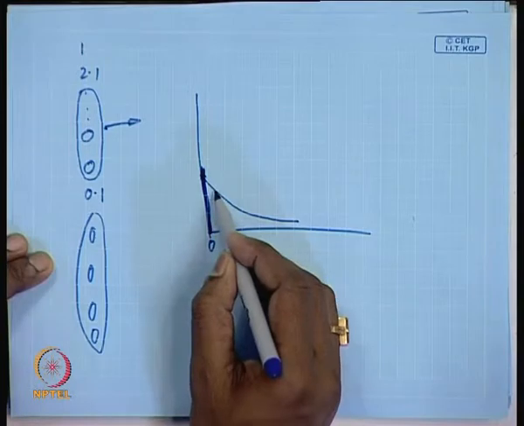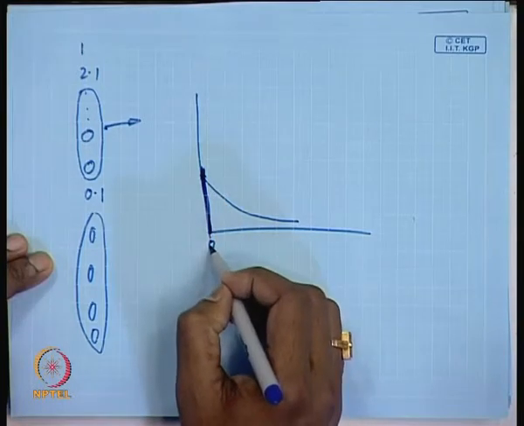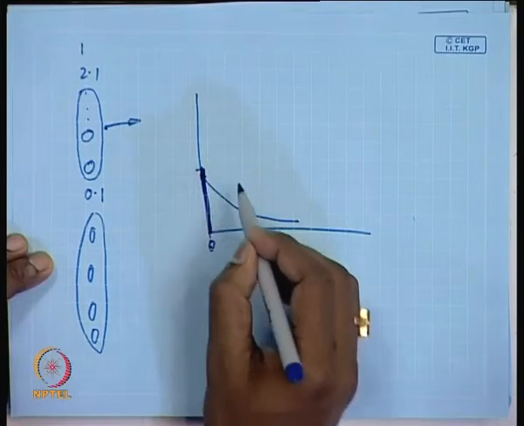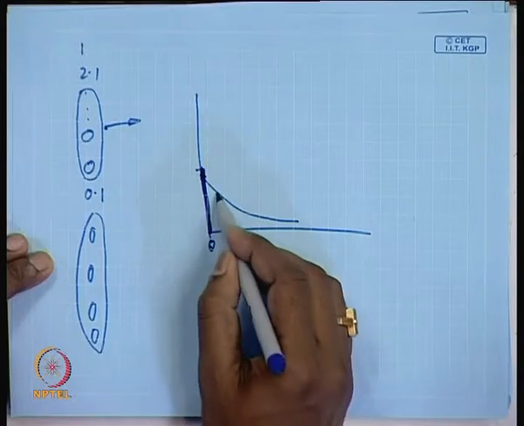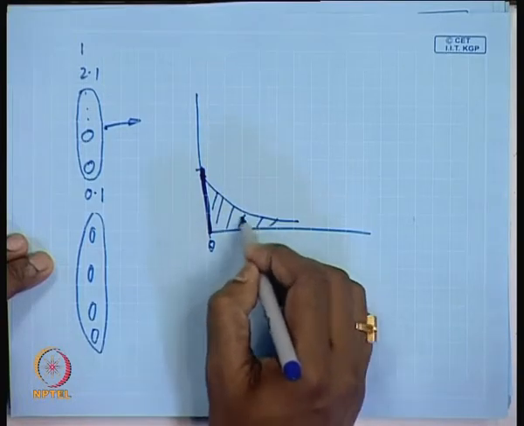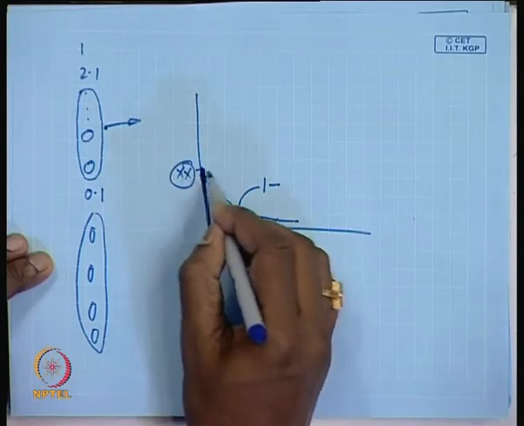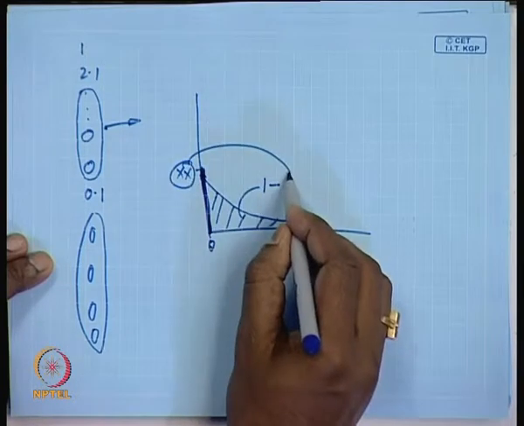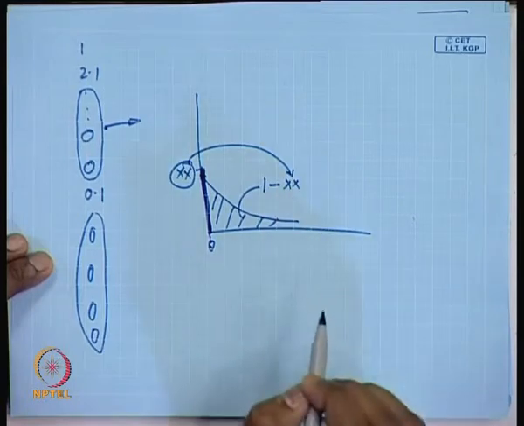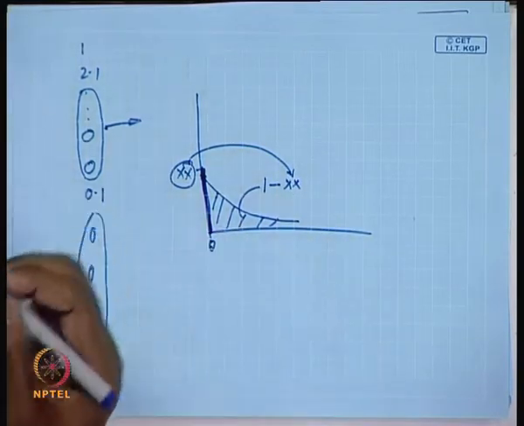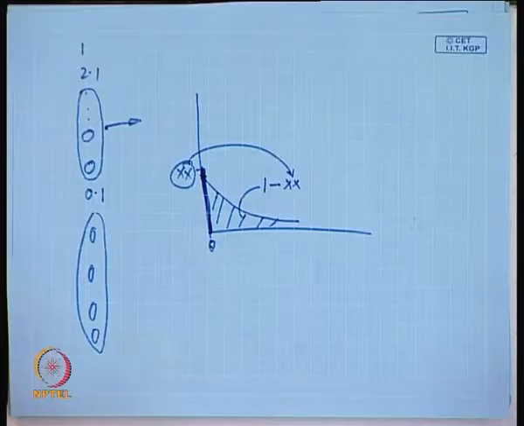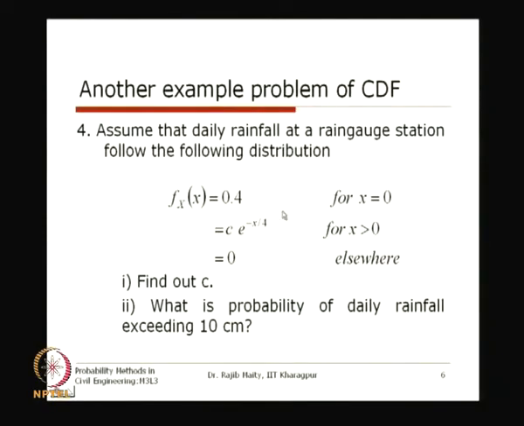So now you can see that if some value is concentrated at 0, the total area under this graph obviously will be 1 minus the value concentrated at 0. Okay. So this example we have just considered here: F_X equals, here you see that 40% probability is concentrated at x equals 0.